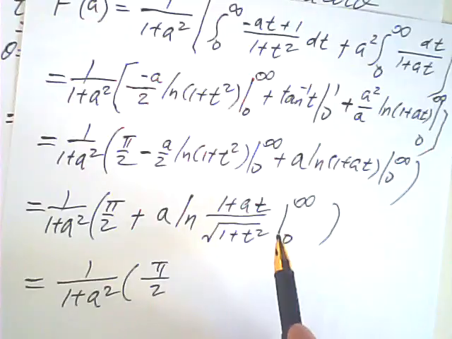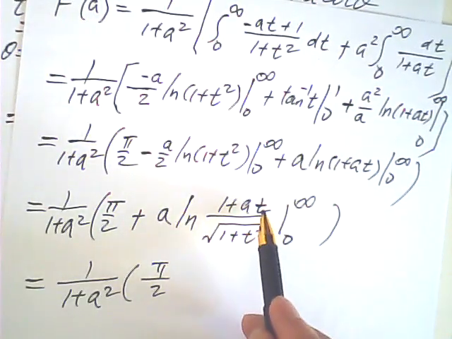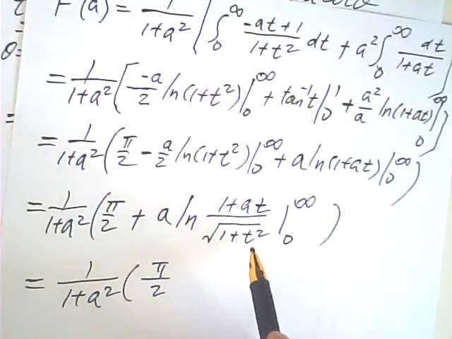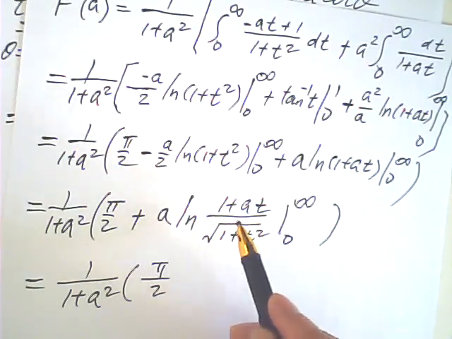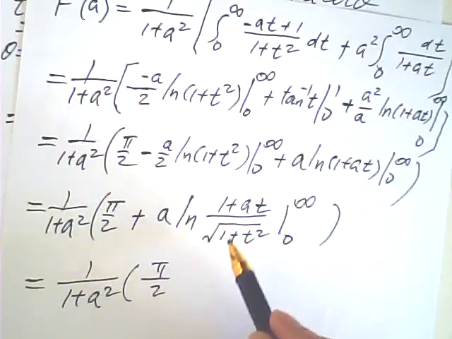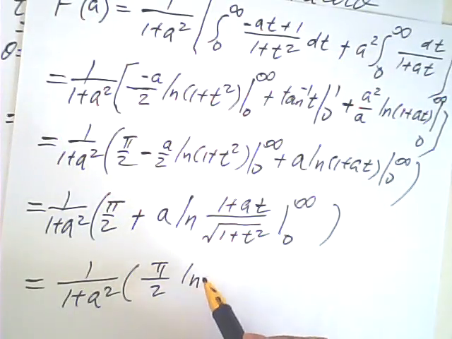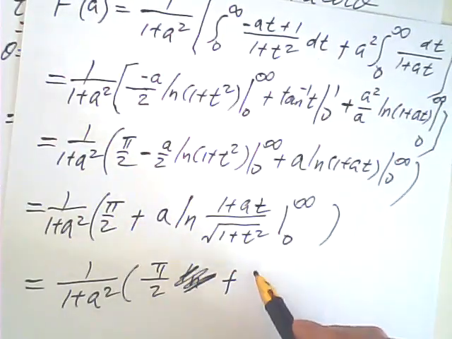Now, when t goes to infinity, I take this t out. So everything becomes, I take t out, this becomes a log, plus a here.